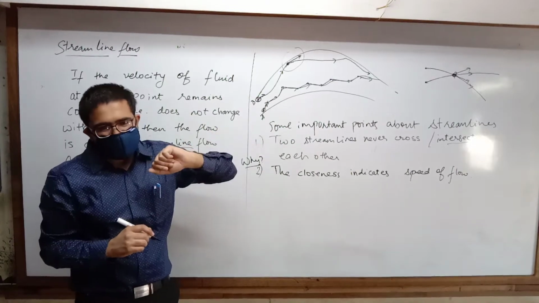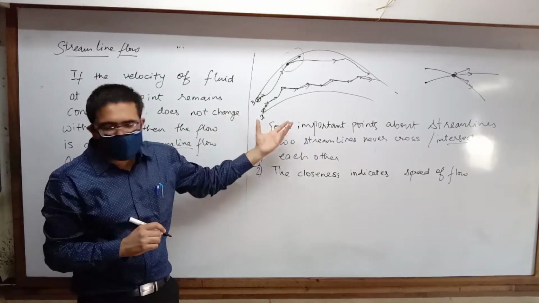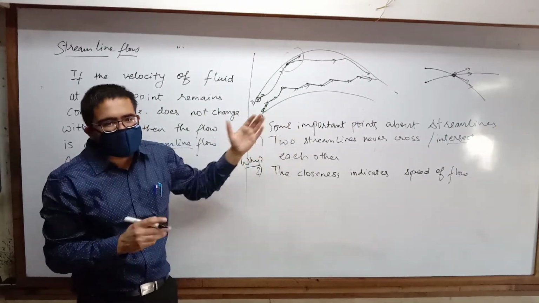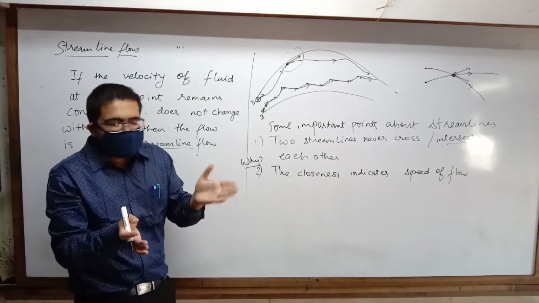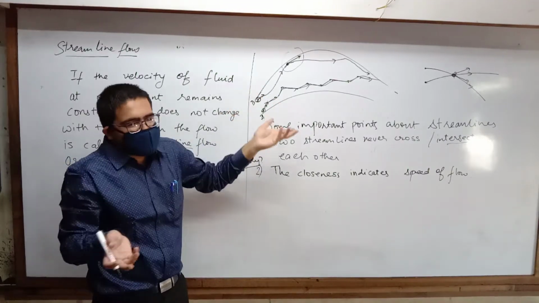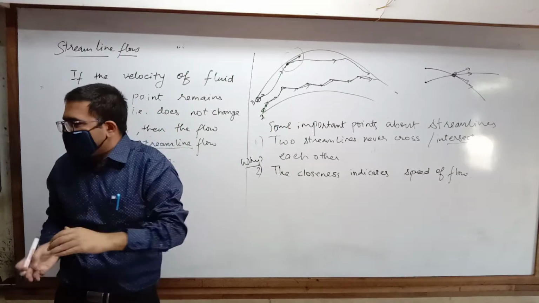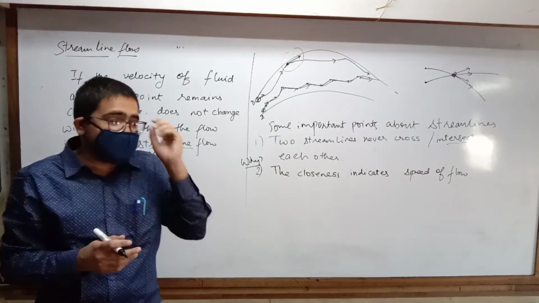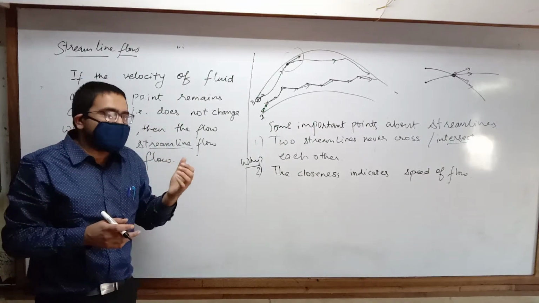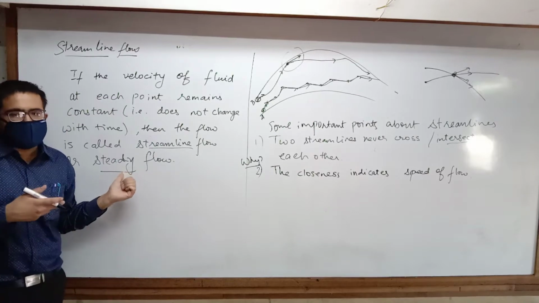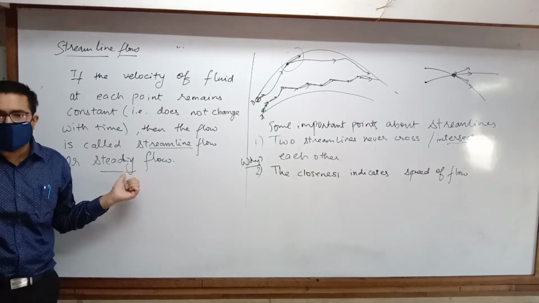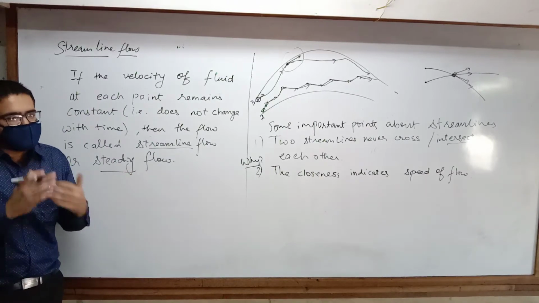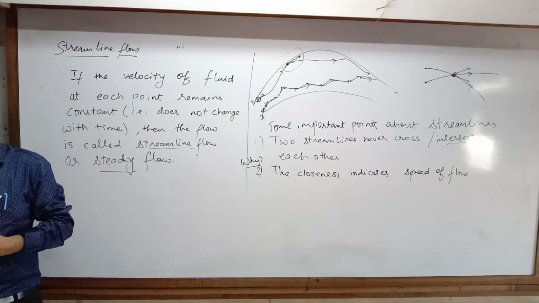Such a flow. In fluid also we have something like that. Such a flow where things keep changing or things can change, that is called unsteady. This is steady. Understood? Such a flow where things keep changing, that's called unsteady.